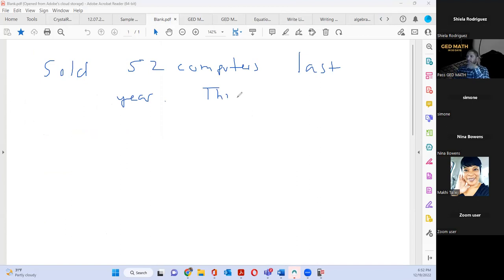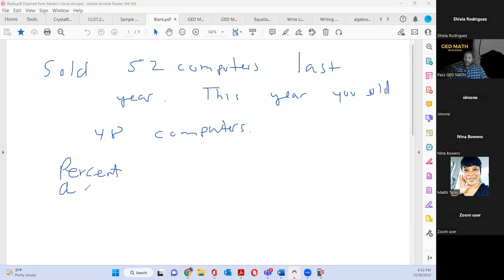This year, you sold 48 computers. So what is the percent increase or percent decrease? First of all, if I went from 52 to 48, did I increase or decrease? You decrease. So you already know it's a percent decrease problem.